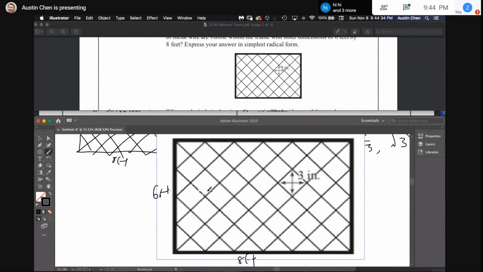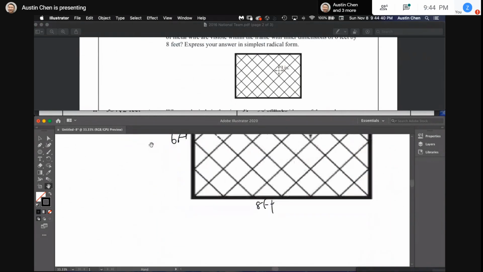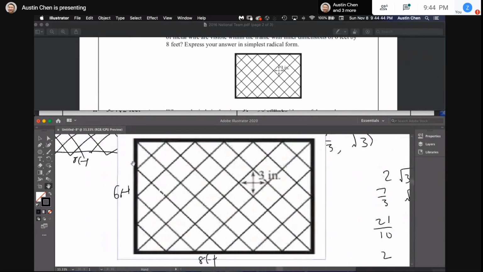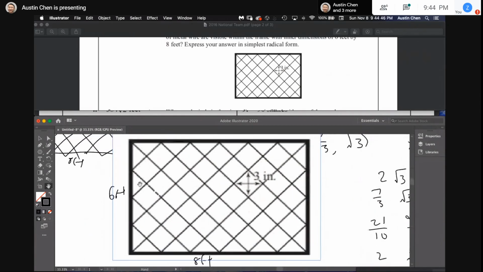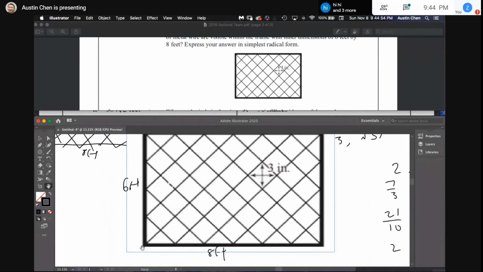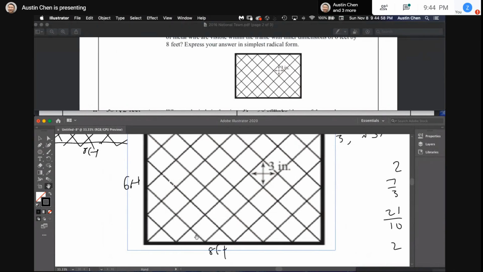So we can do this in multiple ways. One way is to think about how many of these triangles we're going to have on each of these sides. 4 triangles is 1 foot, right? So we're going to have 24 triangles on this side, and 32 triangles on this side.